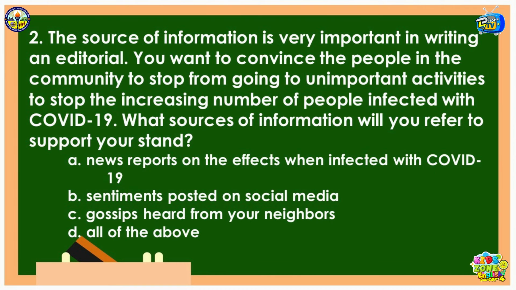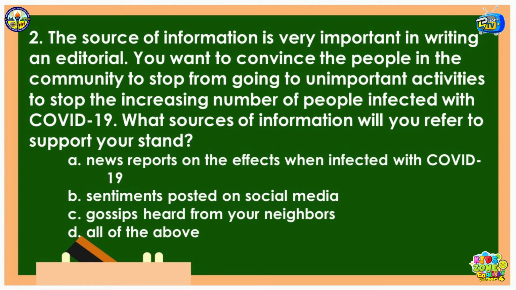Number 2. The source of information is very important in writing an editorial. You want to convince the people in the community to stop from going to unimportant activities to stop the increasing number of people infected with COVID-19. What sources of information will you refer to support your stand? A. News reports on the effects when infected with COVID-19.